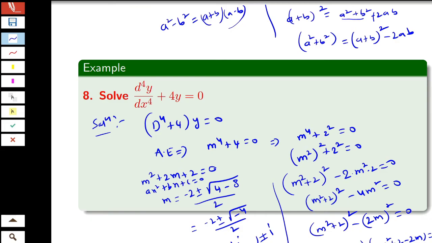The CF implies, you can write this one first or this one first, no problem. y(x) = e^(−x)(c1 cos x + c2 sin x), where p is −1 and q is 1, from −1 ± i. Then for this part, p is 1, so e^x (c3 cos x + c4 sin x), where q is 1.